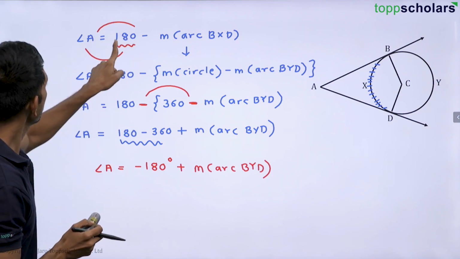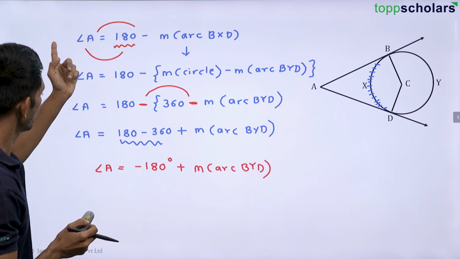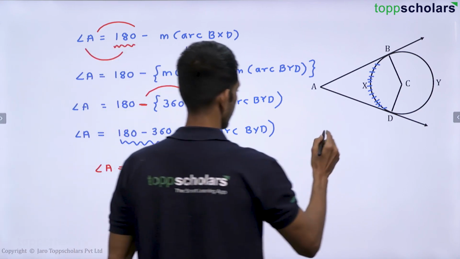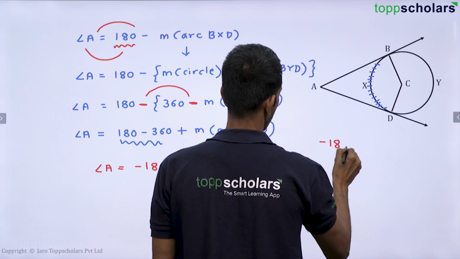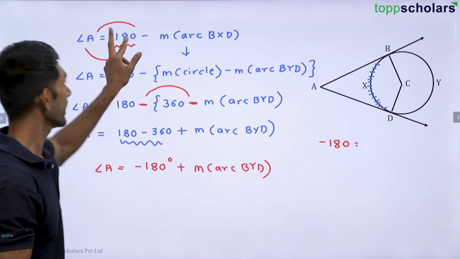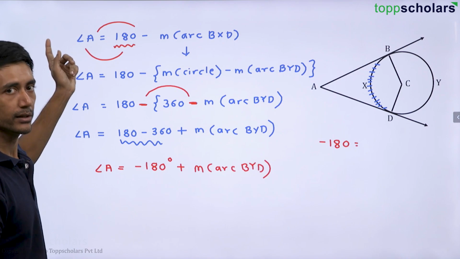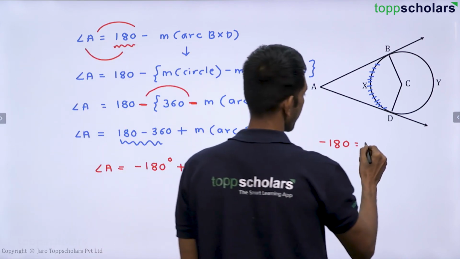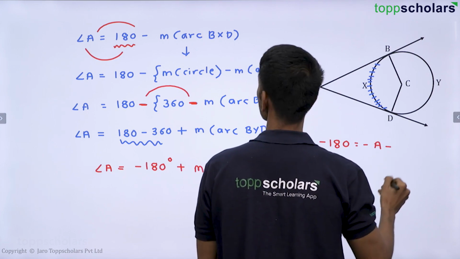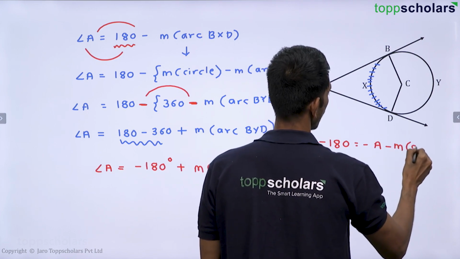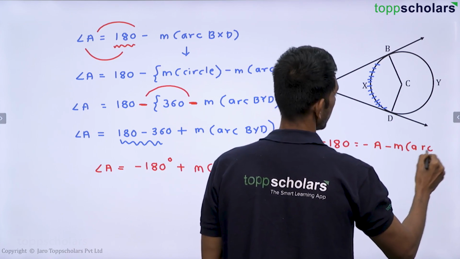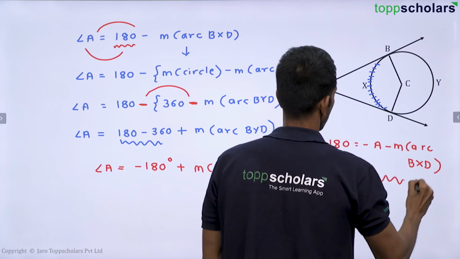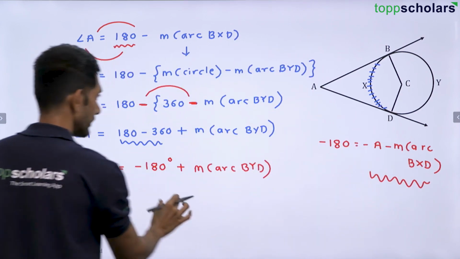Here in this step, if I take 180 over here, you will get minus 180 over here, means after taking 180 over here, A comes to that side, that becomes minus A minus measure of arc BXD. This can be replaced here.